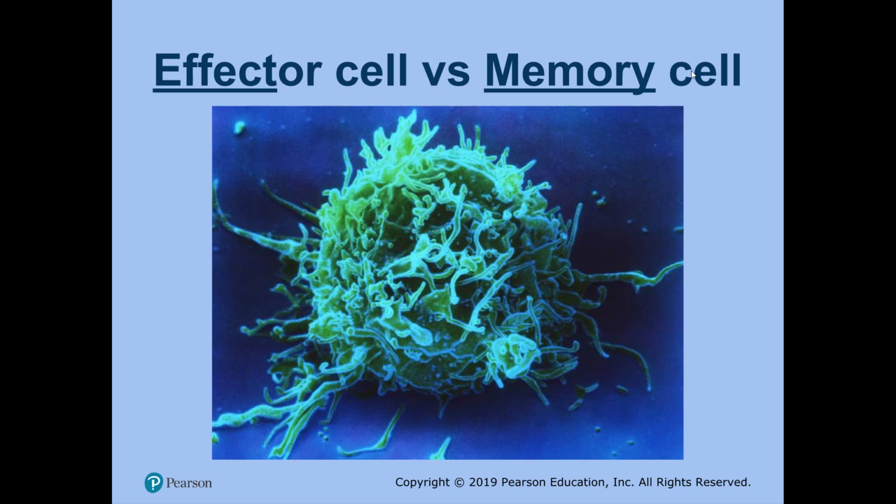So the memory cells are a little different. They don't actually go around killing or attacking. The memory cells sit in our lymph, and they're there to remember when we were last invaded by a certain virus or bacteria. So for example, say when you were 12, you caught a certain virus, and you caused an immune response.